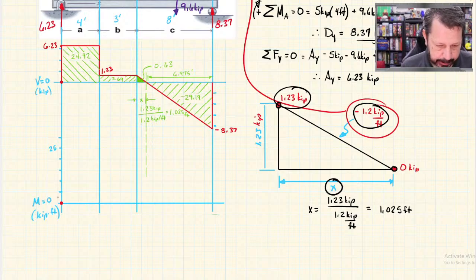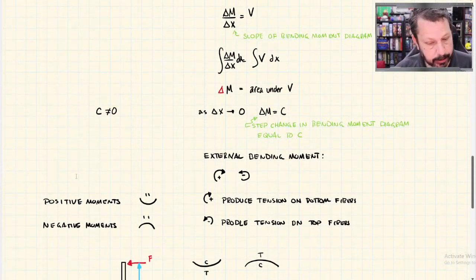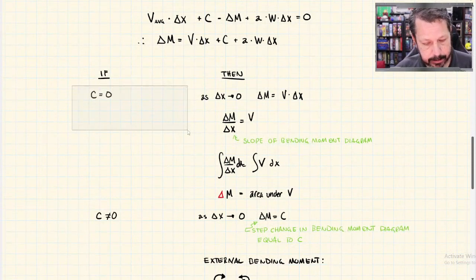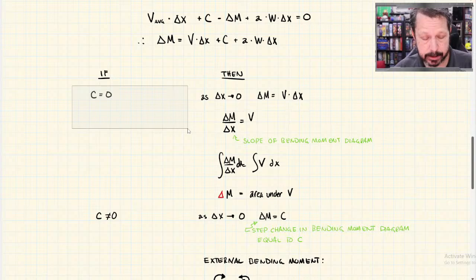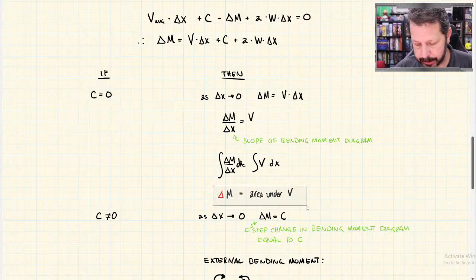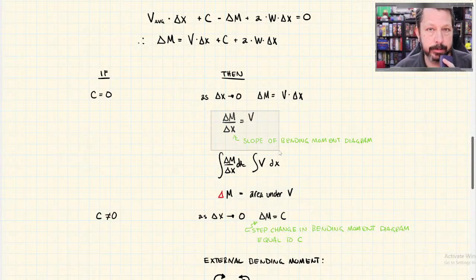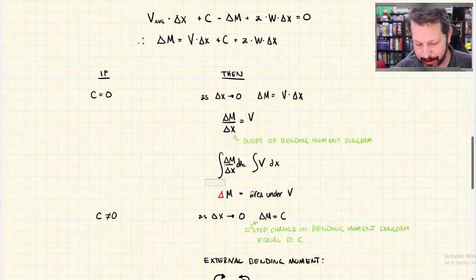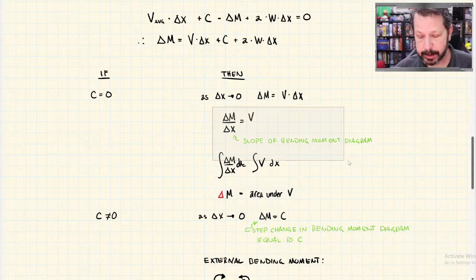All right, so the rule when there is not an external concentrated moment is that the change in the moment diagram is equal to the area under the shear diagram, and the slope of the moment diagram is equal to shear.